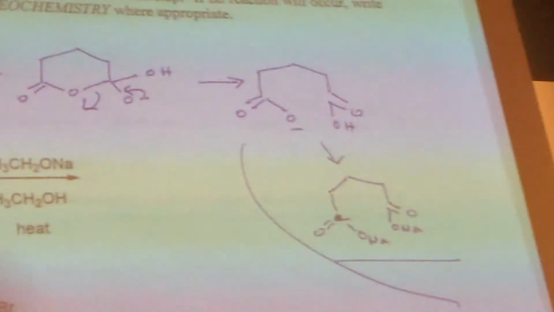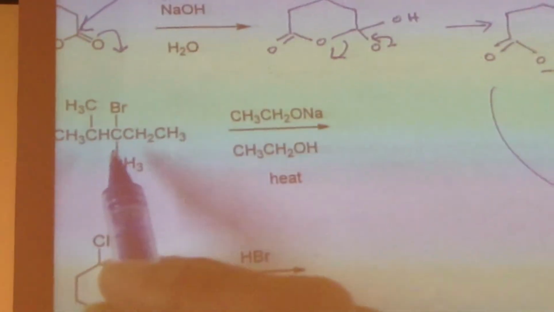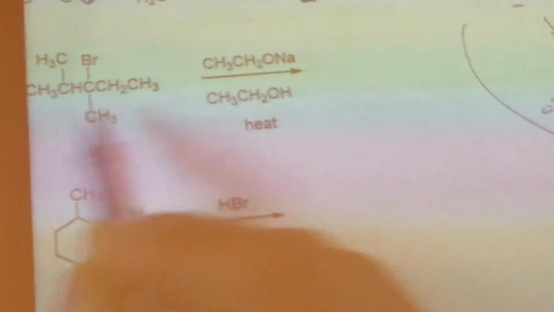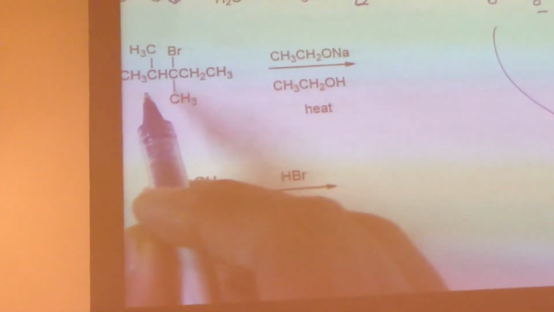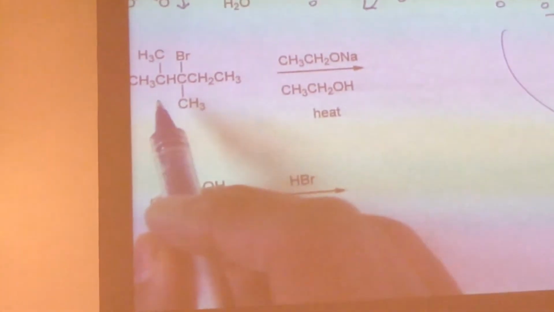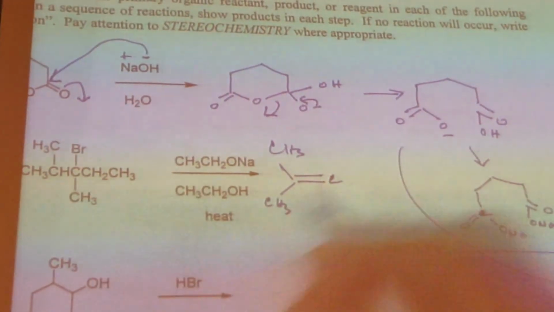This one is a reaction of a bromide with a strong base. This is a tertiary carbon. Therefore, the only possibility is an E2 reaction where one of the neighboring carbons has to donate the hydrogen, and therefore you generate a double bond between the two.